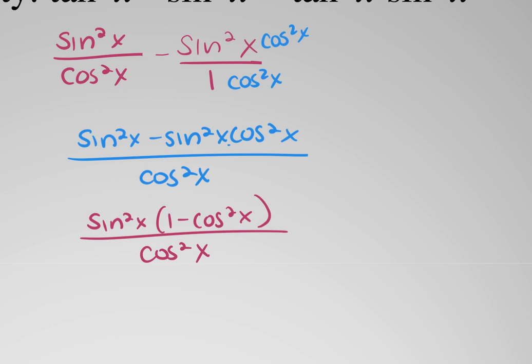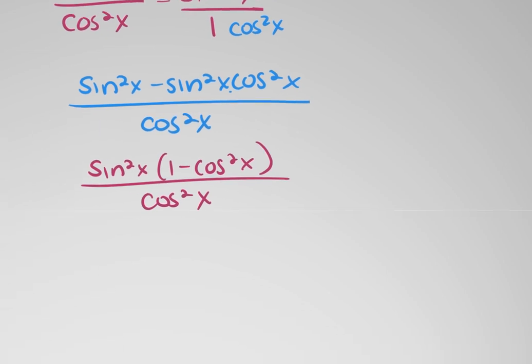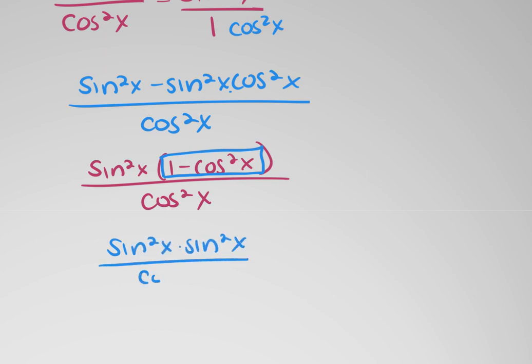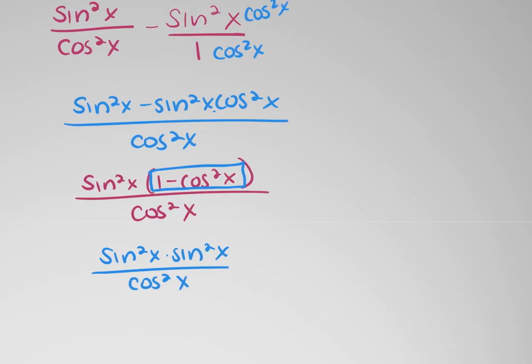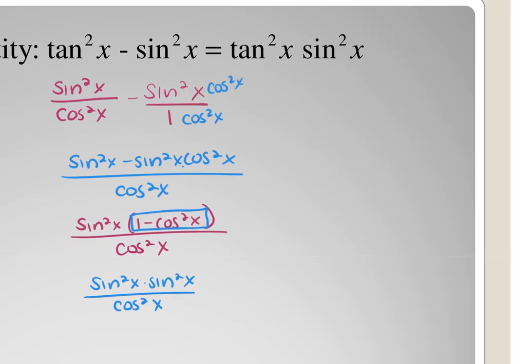Now what? What is 1 minus cosine squared x? Sine squared x. Now keep checking back with what I want to get to. Am I getting closer? Yes, I've got it down to just one term now.